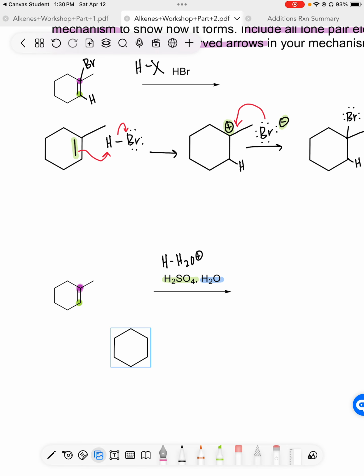So we start with our alkene. And again, we know that it's these electrons in the pi bond right here that are going to attack our H. And we know that the proton donor in this is our catalytic acid, or H3O.